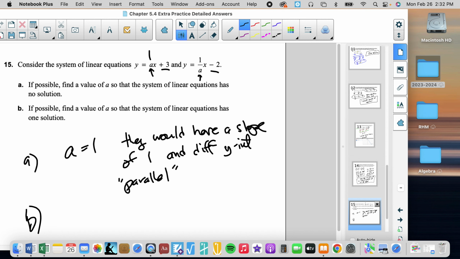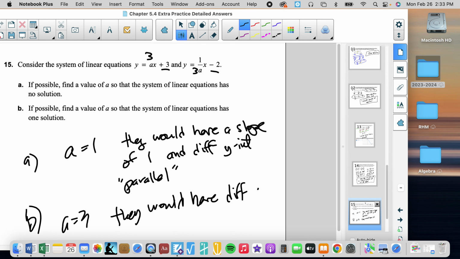Well, any other number, pretty much, because if A equals 3, then that would be 3, and this would be 1/3, and they would have different slopes, which means they would intersect.